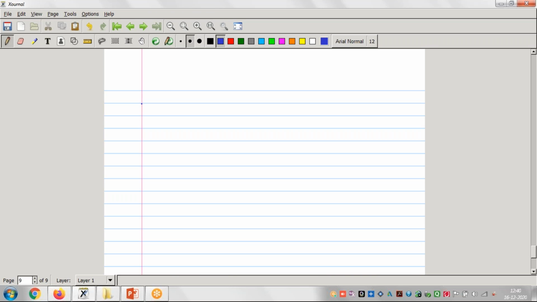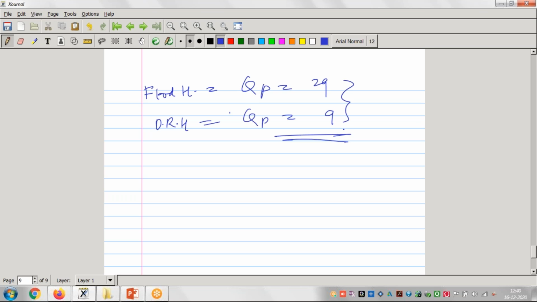Second, one thing is that the flood hydrograph ordinate QP is 29 and the direct runoff hydrograph QP is only 9. If I take the difference of these two, I will get 29 minus 9, 20, right?